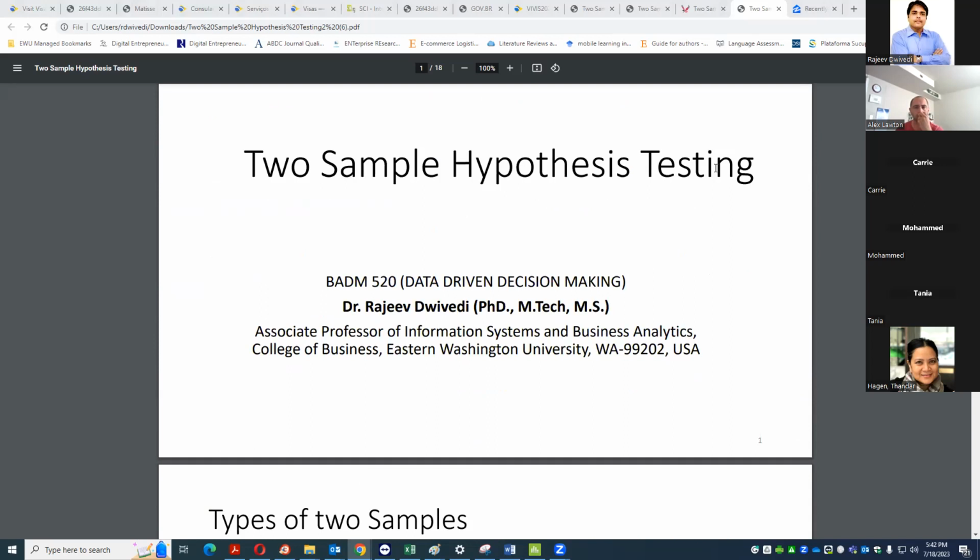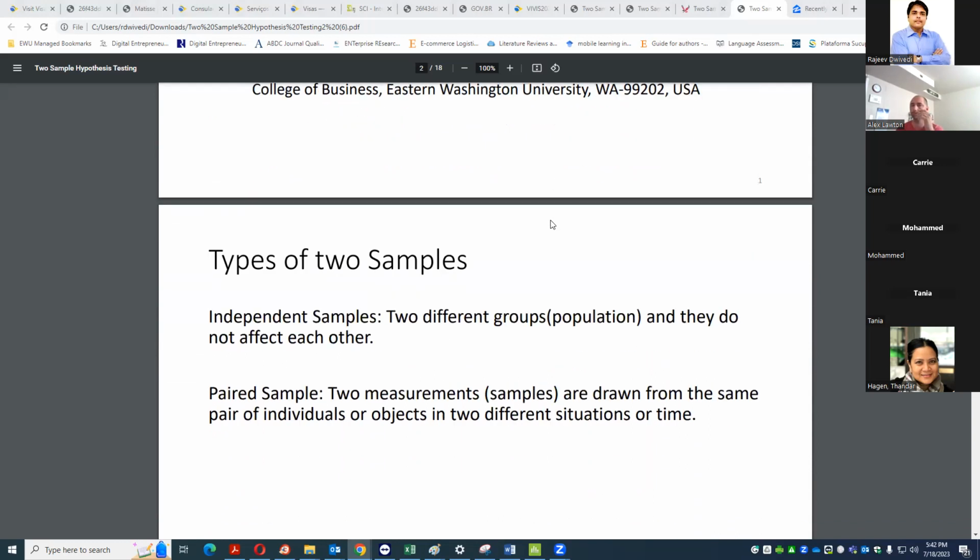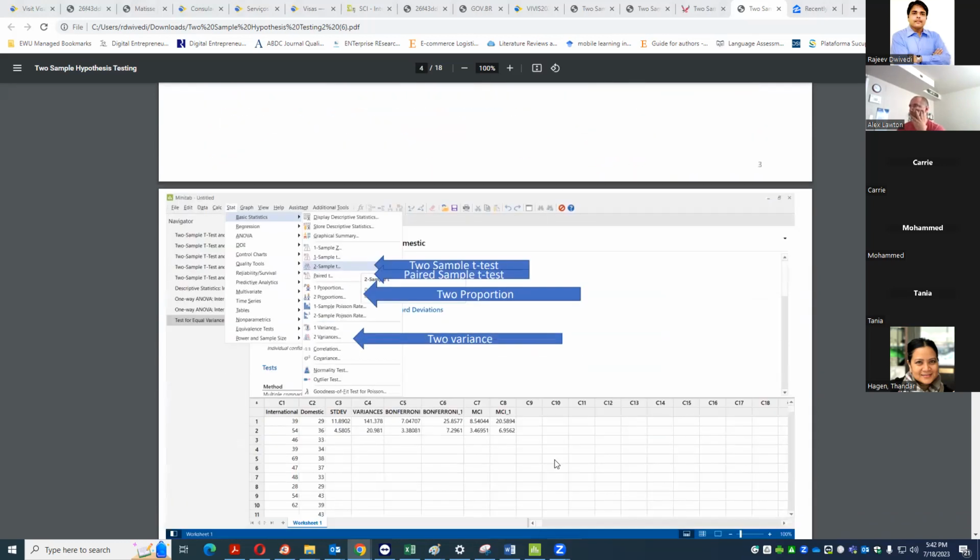In one sample, we were testing against a standard value, comparing with a benchmark value related to the population. Here we are just playing with the samples only. Is it making sense, Wang? Yes, sir. Okay, that's great. So these are the four options we are going to use.